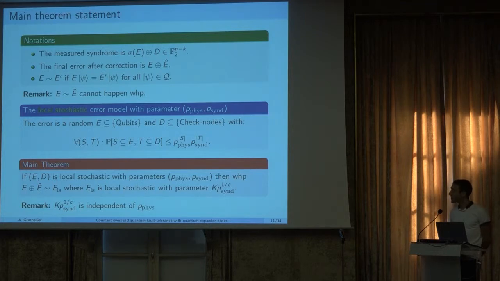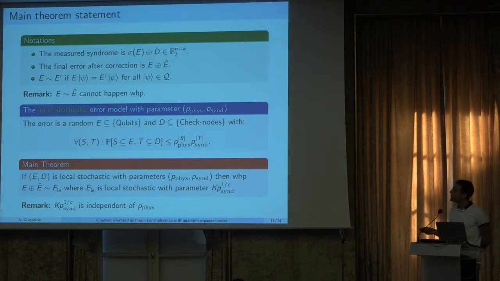As I told you previously, we don't know how to construct codes with a linear minimal distance in the quantum LDPC case. Mostly this is due to the fact that in the quantum case, you can find errors which are different, but which are equivalent in the sense that they act in the same way on the states of the code.